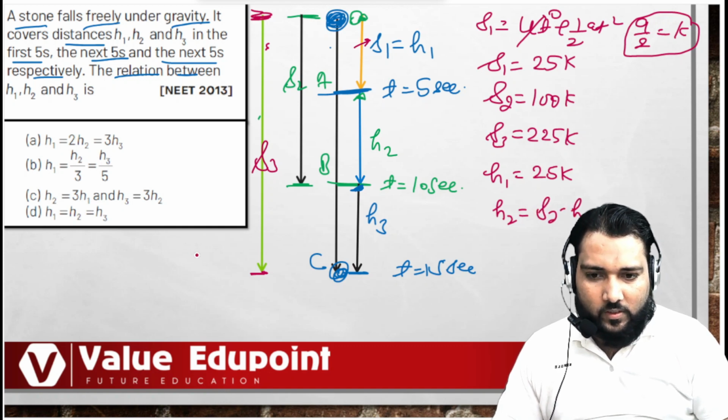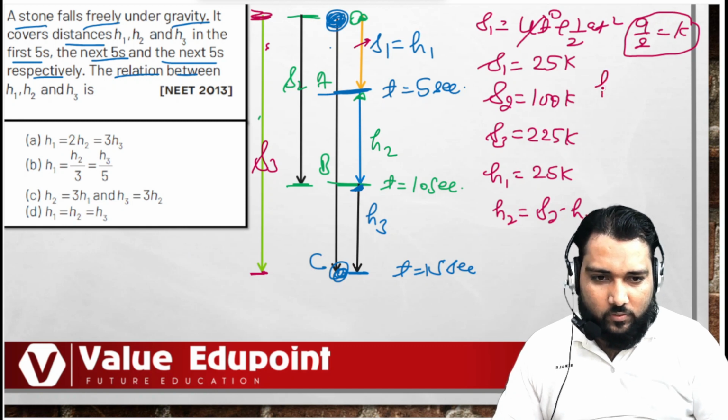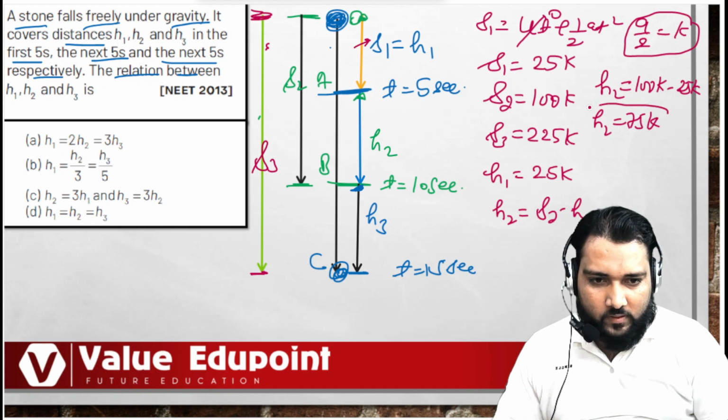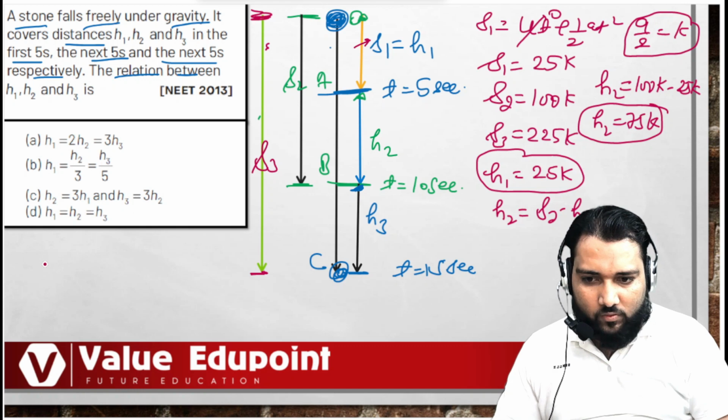So h2 comes out to be: s2 is 100k and s1 is 25k, so that is 75k. So this is h2, this is h1. Similarly, we will find h3. This will be s3 minus s2.